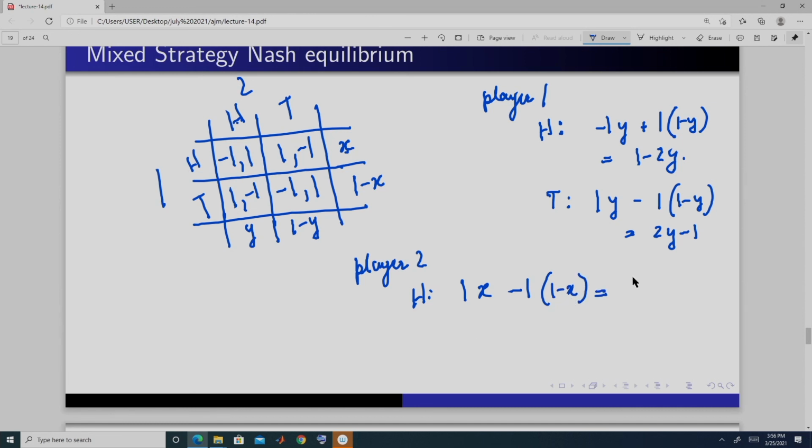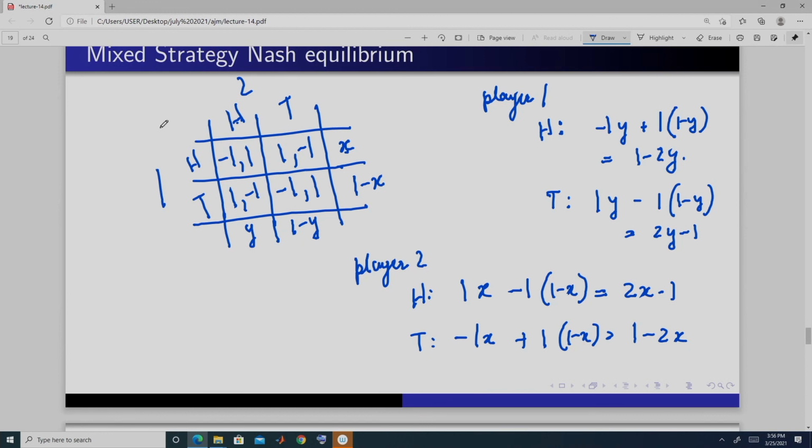So, this payoff is 2x minus 1. And if it plays tail, it will get -1 with probability x and plus 1 with probability 1 minus x. So, the payoff is 1 minus 2x. Okay.